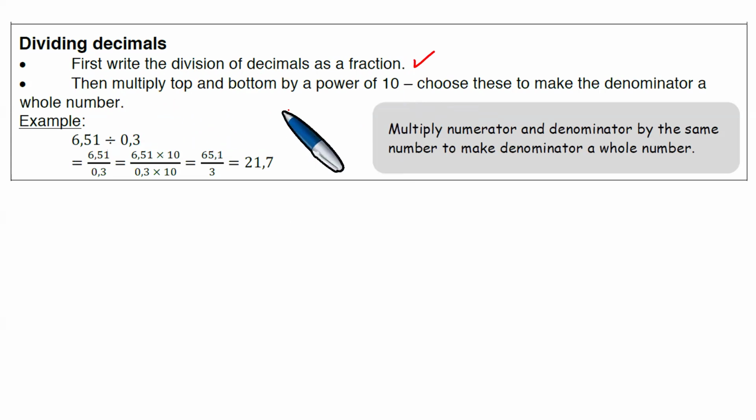Then multiply top and bottom by a power of 10. Choose these to make the denominator a whole number. Example. So 6,51 divided by 3.